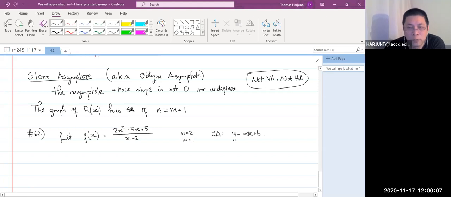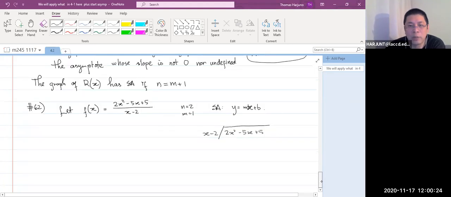Okay, now how to find that? We actually divide the numerator by the denominator, 2x squared minus 5x plus 5 over x minus 2. Because the denominator here is a binomial, x minus 2, I can divide using synthetic division.